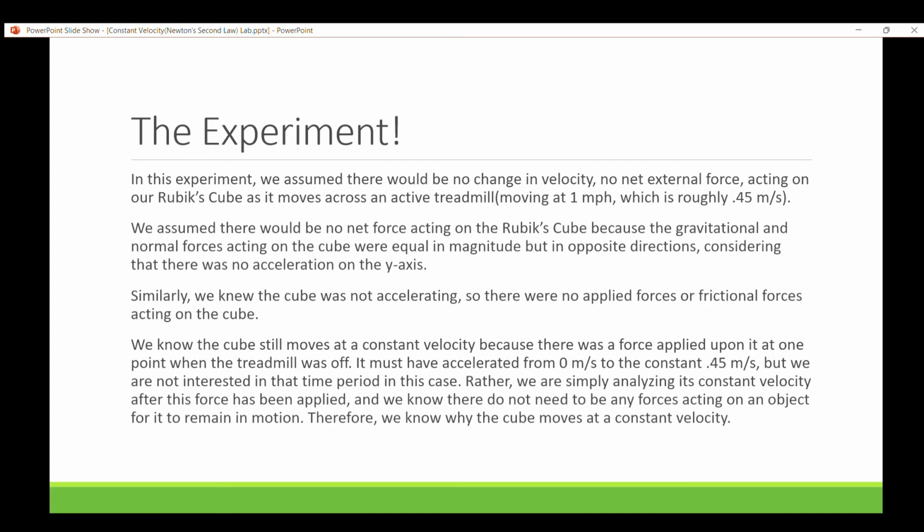However, it must have accelerated from 0 meters per second to the constant 0.45 meters per second at some point. But we're not interested in that time period in this case. Rather, we're simply analyzing its constant velocity well after this force has been applied. And we know that there is no need for any forces to be present on an object for it to remain in motion. Hence, we can say that the cube moves at a constant velocity.